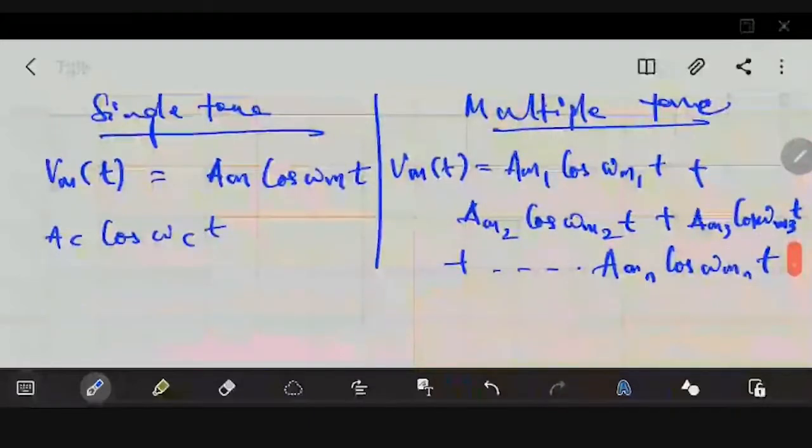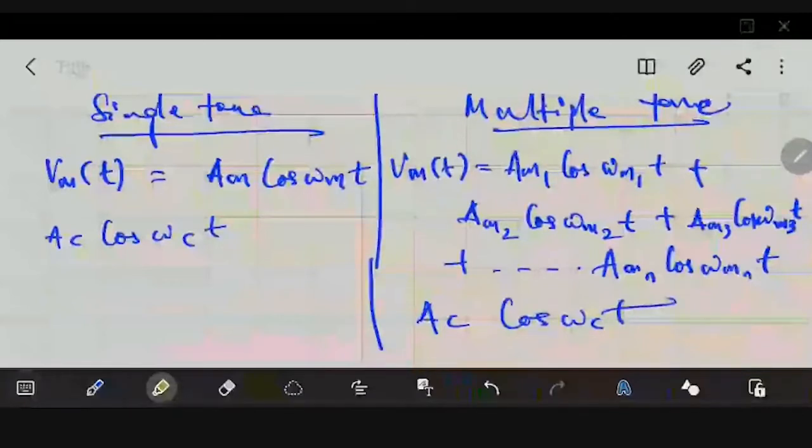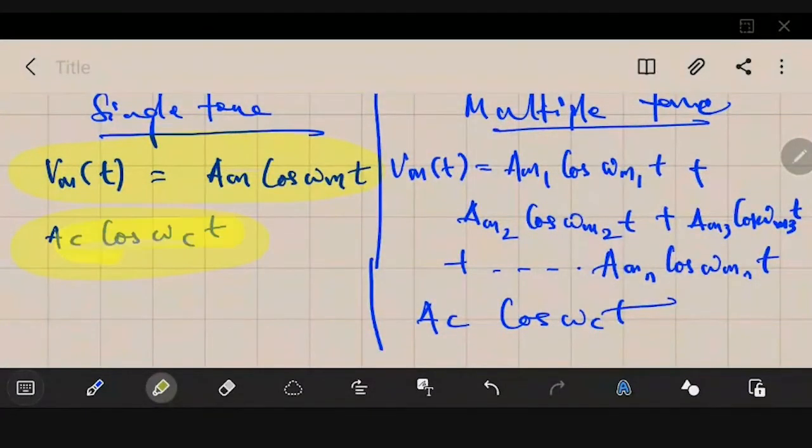And obviously you will have only one carrier, AC cos omega ct. So this is the case of single tone amplitude modulation, and this is the case of multiple tone amplitude modulation. As you could see, we have here multiple tones.